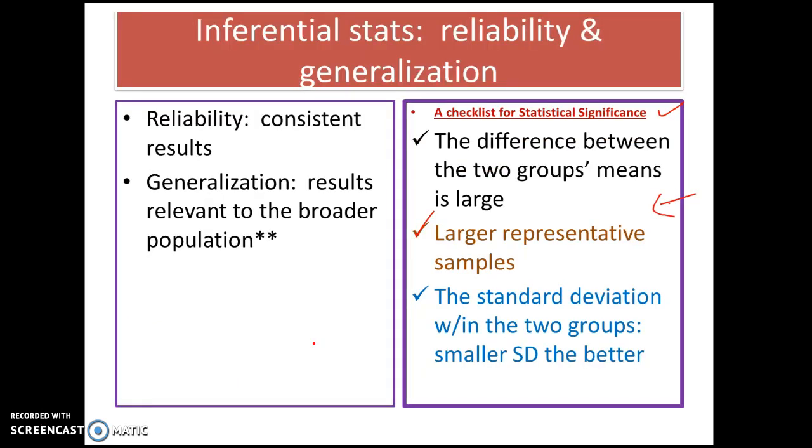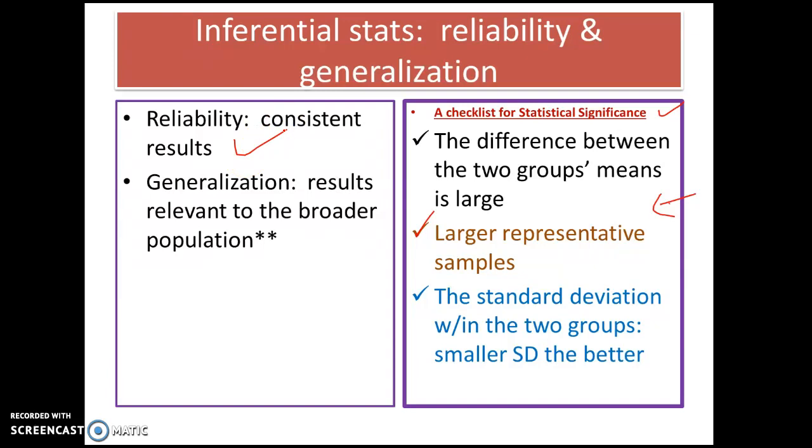So the first thing is compare the means between the two groups. The second one is larger representative samples. The larger the sample size, the more reliable. So basically, the more data points we have, the more reliable the data is compared to smaller data sets. That's kind of common sense, right? It's easier to generalize when you have 100,000 data points as opposed to 2, right? So more data is usually better in terms of being able to generalize and give us reliability, okay?